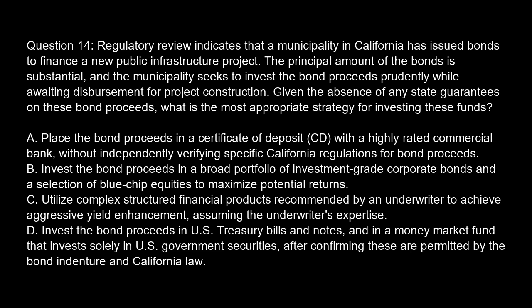Option C. Utilize complex structured financial products recommended by an underwriter to achieve aggressive yield enhancement, assuming the underwriter's expertise. Option D. Invest the bond proceeds in U.S. Treasury bills and notes, and in a money market fund that invests solely in U.S. government securities, after confirming these are permitted by the bond indenture and California law.